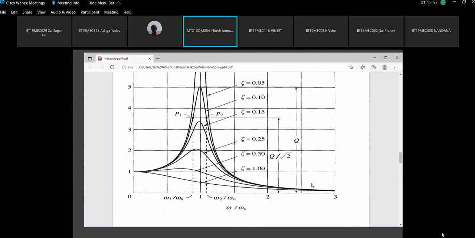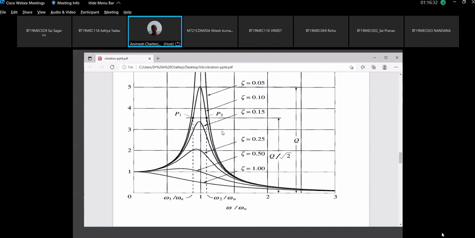Energy loss. This graph is not showing anything about energy loss. This graph is talking about vibration amplitude. So from here we cannot predict energy loss. If we want energy loss, we have to derive another formula and find the answer from that formula.